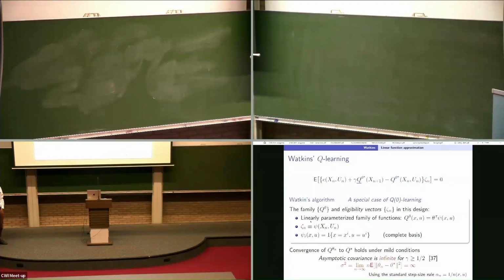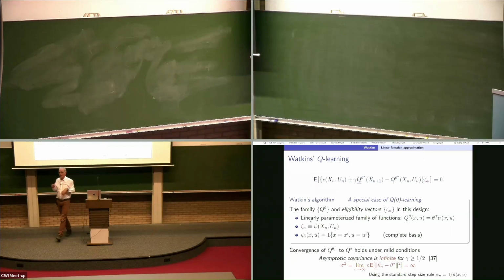The fact is that Watkins proposed a step size rule for the algorithm, which was roughly 1/n. It turns out that's a terrible choice. If you choose a different step size rule, you'll get very nice convergence. This is saying the mean square error converges slower than 1/n.